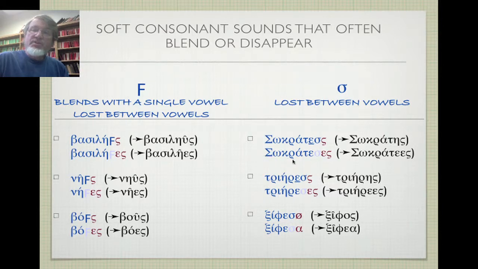And the same happens in the plurals with Socrateses, Priereses, and Xifesa. The S becomes so soft between these vowels that intervocalic sigma also disappears. And that explains the form we end up with, Socrates, Prieres, and Xifea. The form will make a whole lot more sense if you remember that there was originally a sigma there.